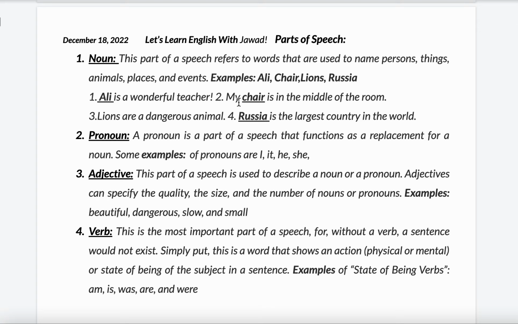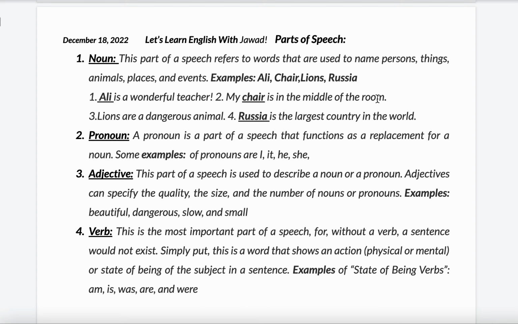The second sentence is about a thing, something which doesn't live, a non-living thing. A thing could be a chair, a pen, a car, etc. I have used it again in a sentence: my chair is in the middle of the room.